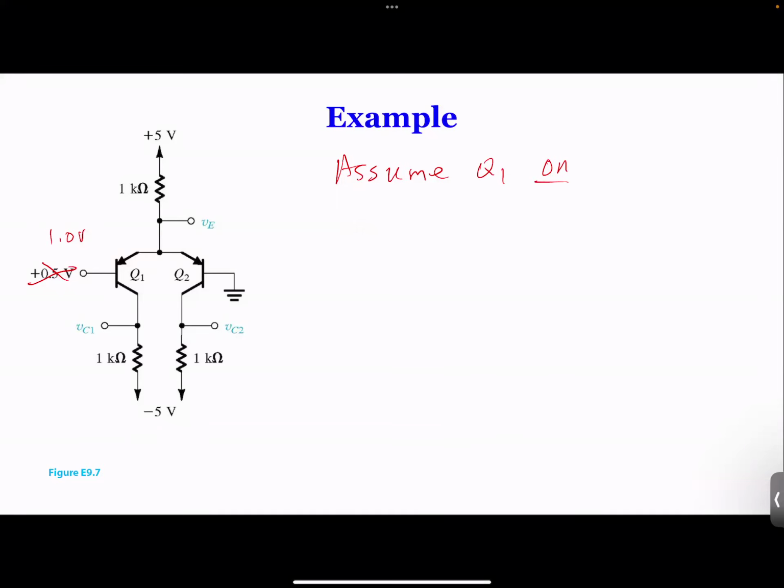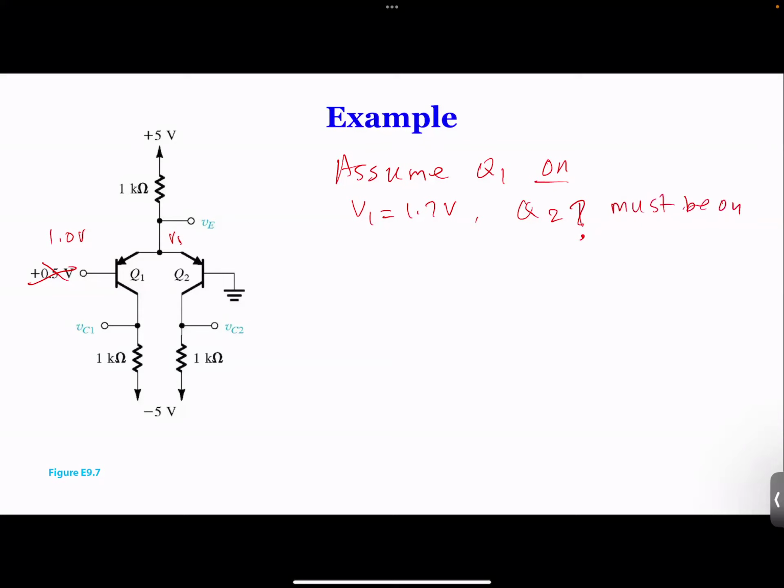So if we assume Q1 is on, what voltage would you get at V1 here? How much would be V1? 1.7. Okay. So if V1 is 1.7, what happened to Q2? See, V1 is 1.7, but the base is grounded. So Q2 has to be on. So must be on.